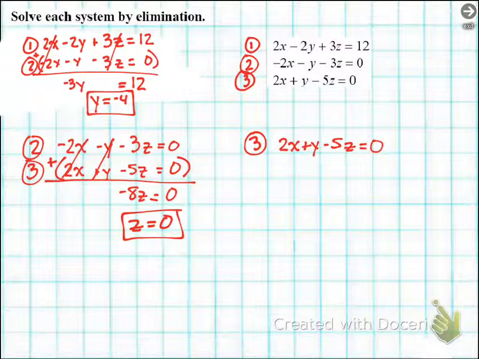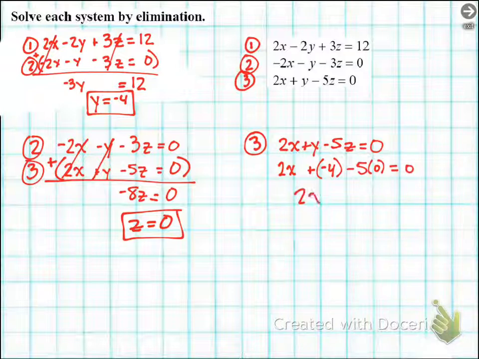Okay, so we're plugging in. We need to keep x because we're solving for x. Our y is going to be negative 4. And then our z is negative 5 times 0. And all of that is equal to 0. So we got 2x minus 4 minus 0 is equal to 0.